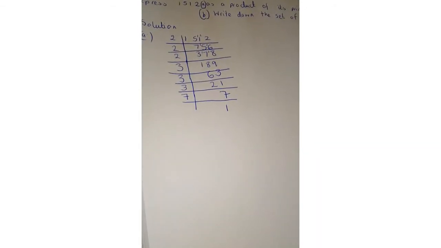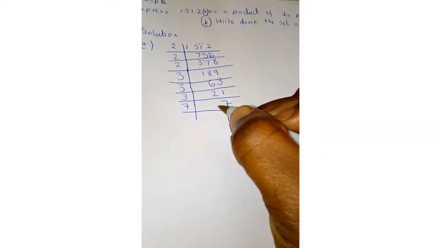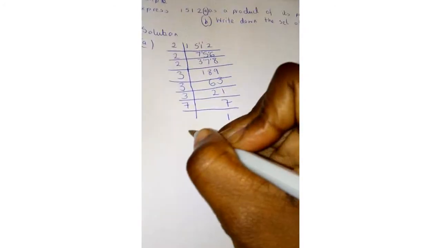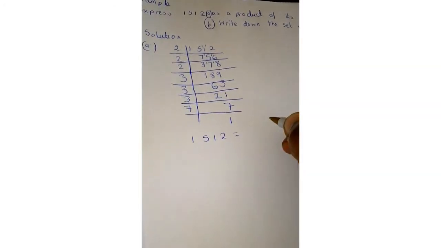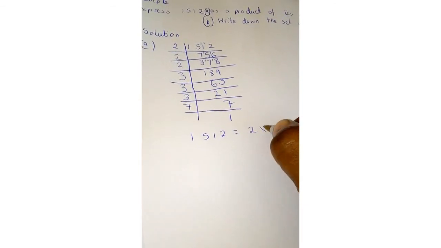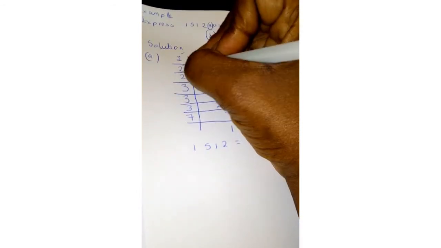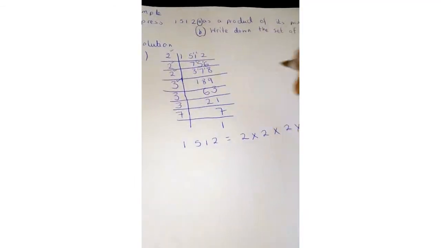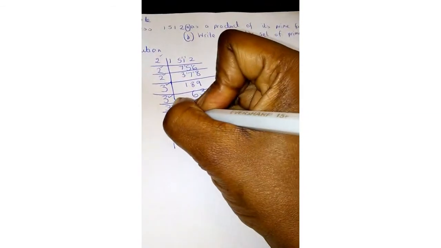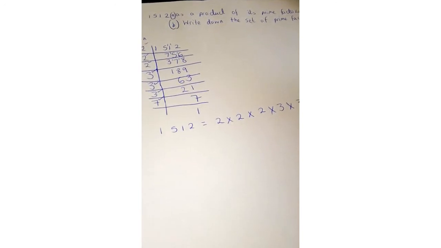So writing down 1512 as a product of its prime factors, 1512 is equal to 2 times 2 times 2, times this 3, times this 3, times this 3, times this 7, like this.